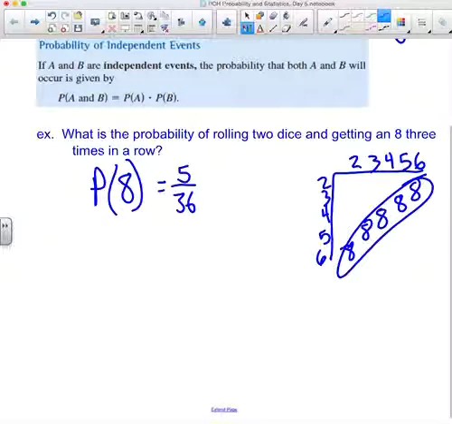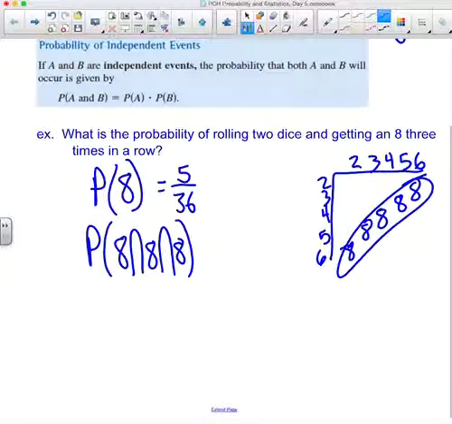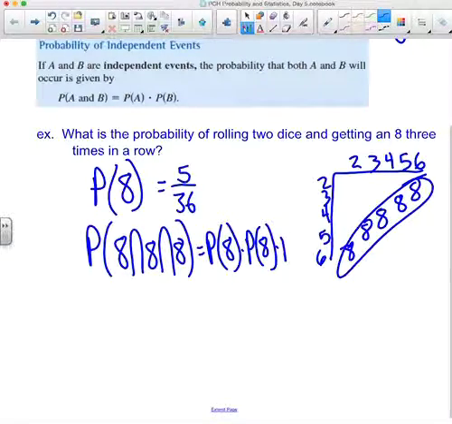But that's just once. Every time we roll the dice, it's an independent event. So the probability of rolling an 8 and an 8 and another 8, since those are all independent events, is just the probability of rolling an 8 times the probability of rolling an 8 times the probability of rolling an 8.